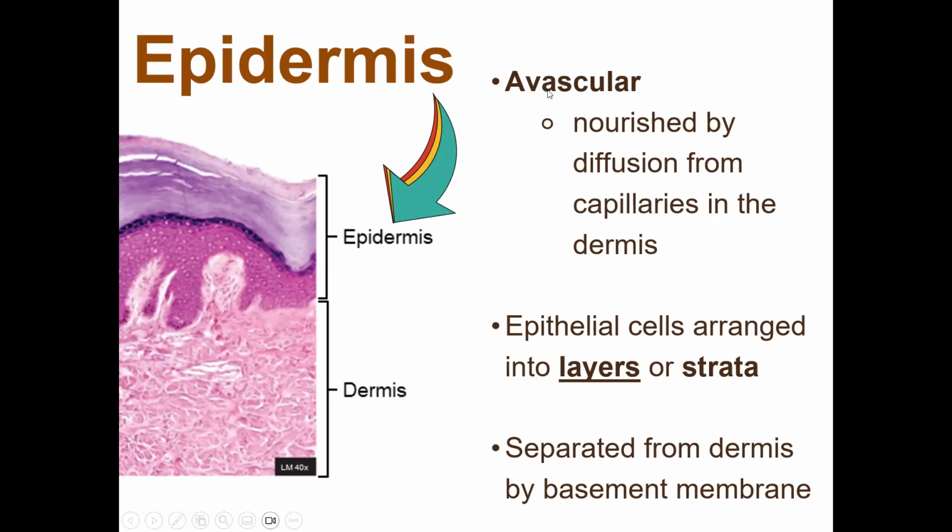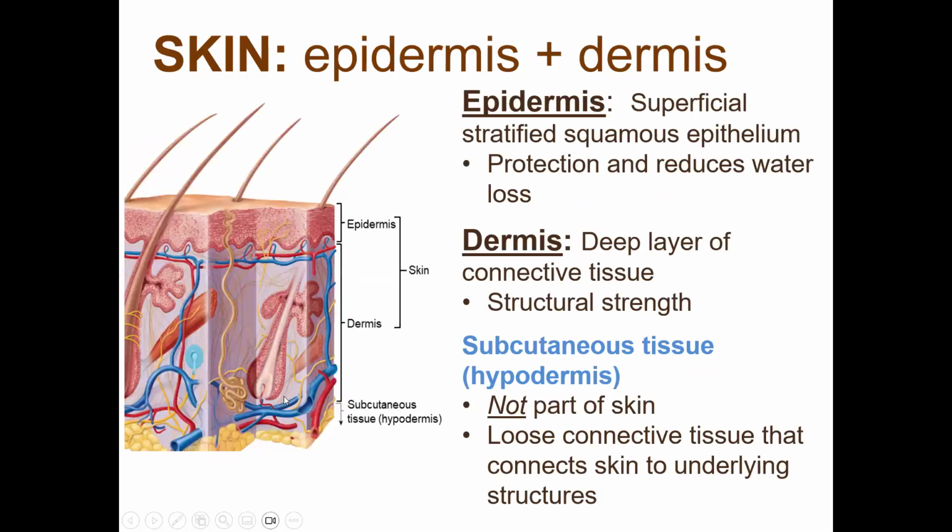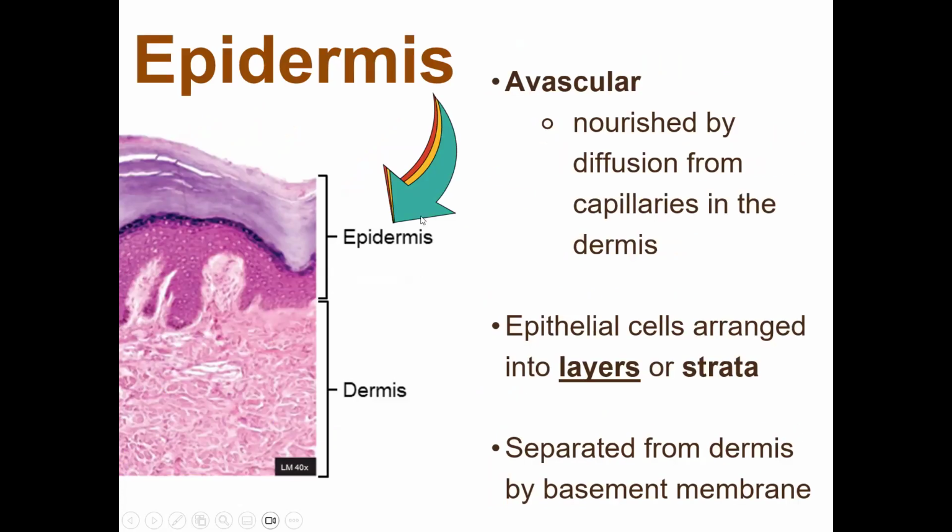So if something is vascular, and we have a lot of blood supply, if something is avascular, it does not have a good blood supply. And so it's relying on diffusion from capillaries in this dermal layer. So if we go back up here, we have our blood vessels down here and up here at the top portion of the dermis. So our epidermis is relying on those capillaries being able to provide them with nutrients.